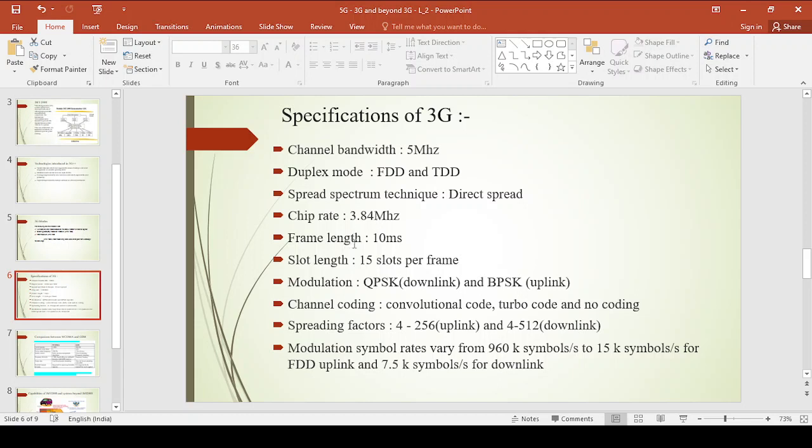And next we have frame length. Frame length of 3G is 10 milliseconds.